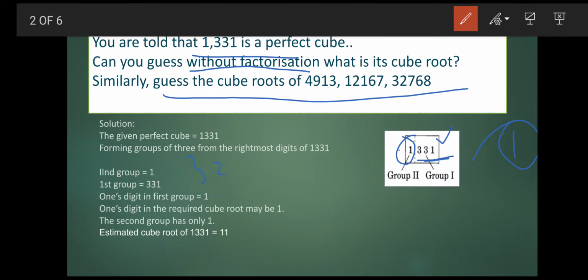Suppose the cube of 2 is 8. Then in the cube of 12, the digit at one's place will be 8 only. In a similar way, if I give you 32, then also what will the digit at one's place of its cube be? 8. Why? Because here the digit at one's place is 2.